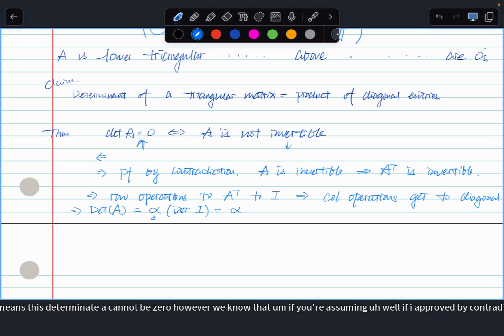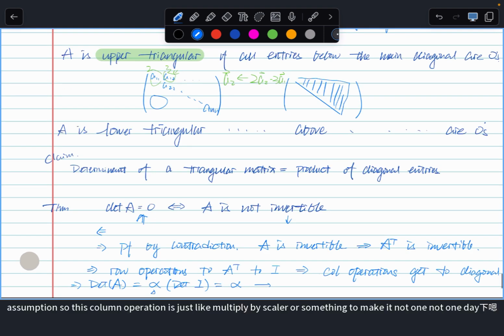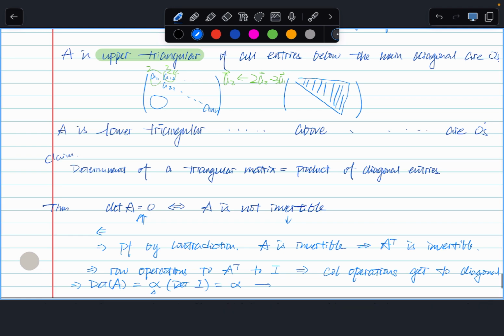However, we assumed the determinant is 0, so this contradicts our assumption. The column operations are column replacement, column scaling, and linearity.